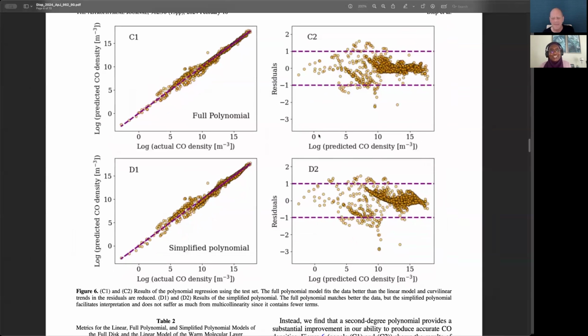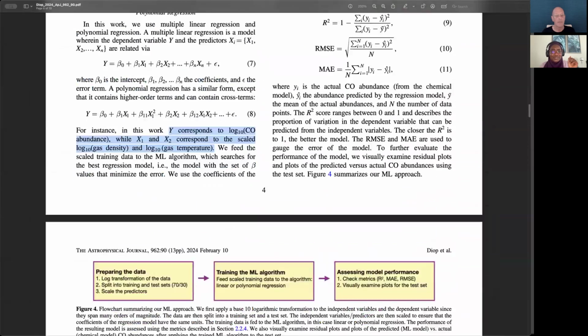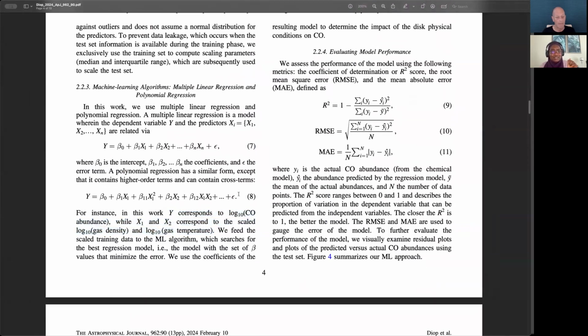So the challenge that we had, if we go back to equation 8 at the top, that was our polynomial. As I said earlier, we're interested in these coefficients. Well, what happened when we transformed from the linear to the polynomial data is that we started increasing the correlation between independent variables, like gas temperature and gas density.